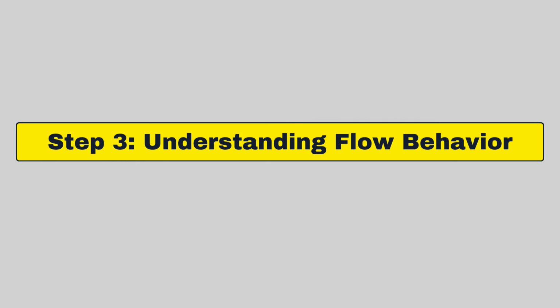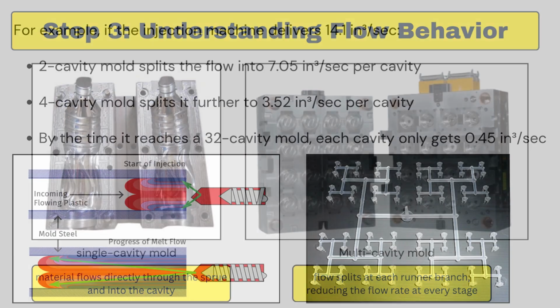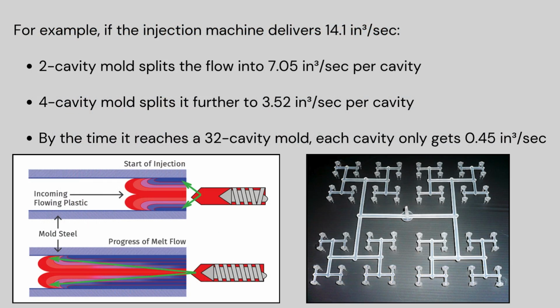Next step is understanding the flow behavior. In a single cavity mold, the material flows directly from the sprue to the cavity, but in a multi-cavity mold the flow splits at each runner, reducing the flow rate at every stage. For example, an injection machine delivers 14.1 cubic inch per second of material. In a two cavity mold it will split in half and each cavity will get 7.05 cubic inch per second.